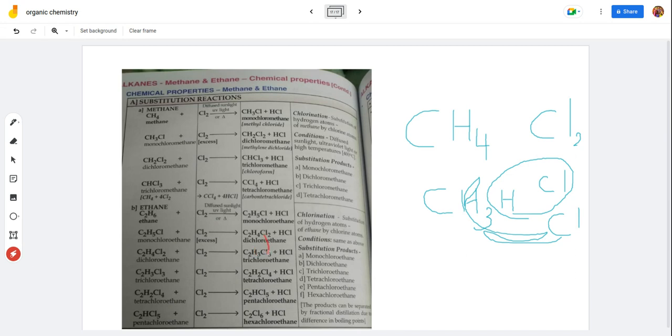Then add one chlorine, remove one hydrogen, add one chlorine, and so on. It becomes C2HCl5. Remove one hydrogen, add one chlorine, becomes C2Cl6. This is monochloroethane, then dichloroethane, trichloroethane, tetrachloroethane, pentachloroethane, then hexachloroethane.